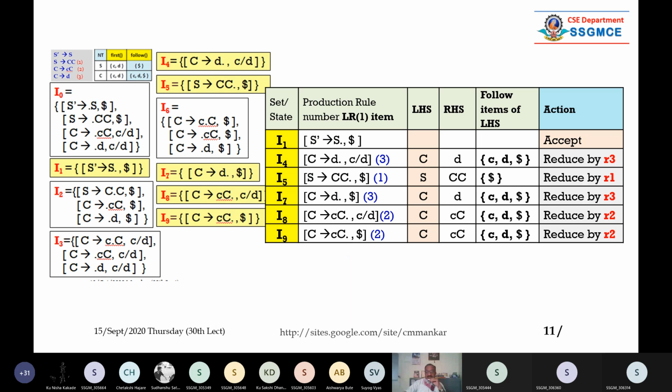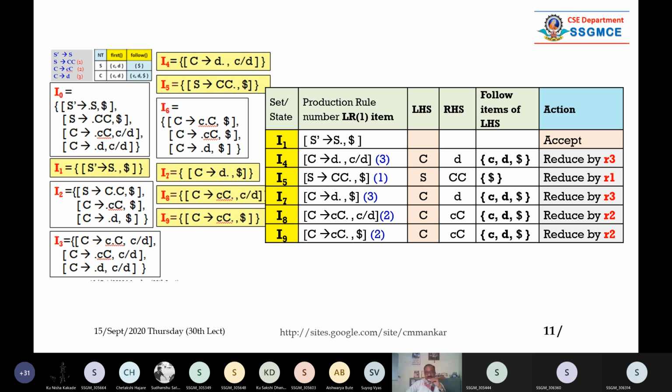Then again, we have to understand how many boxes there are where dot is at the end of the RHS. Here you will find I1, I4, I3, I7, I8 and I9. These are the canonical LR(1) sets where dot is at the end.